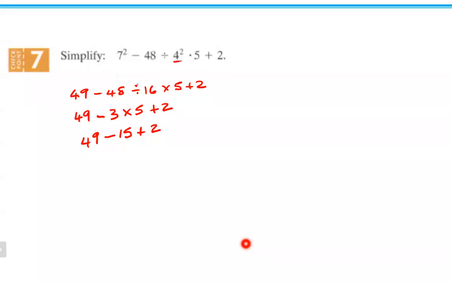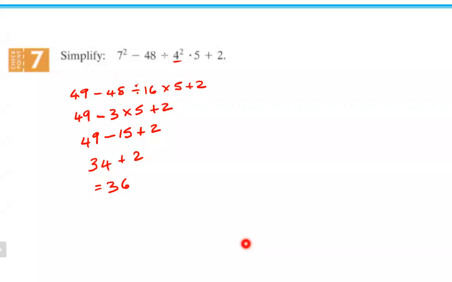So 49 minus 15 will give you 34, and then plus 2. All right. Thank you, Miss Pratt.